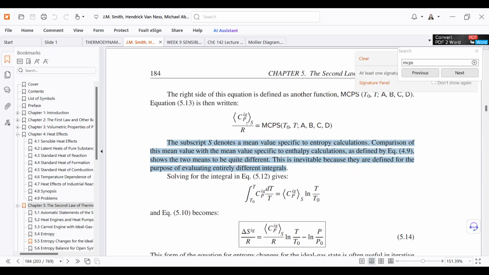This is inevitable because they are defined for the purpose of evaluating entirely different integrals. So that's the reason why they're different. We use MCPS for entropy calculation, and MCPH for enthalpy calculation. So let me go back to the problem.